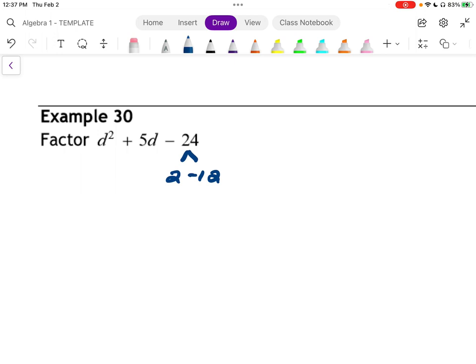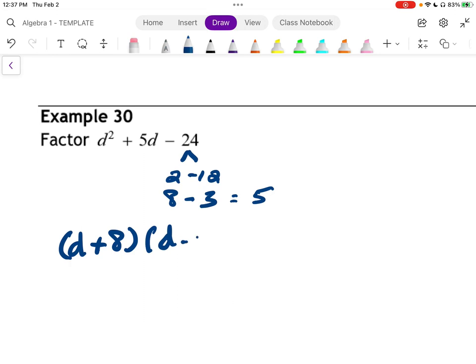I think it's 8 times 3. Which one's going to be negative? 3 would be negative, right? 8 minus 3 gives us the 5. Yep, there we are. So it'll be d plus 8, d minus 3. And that's that.